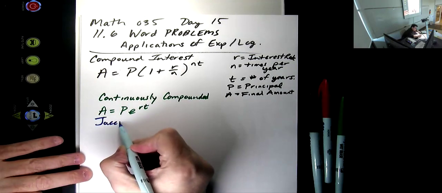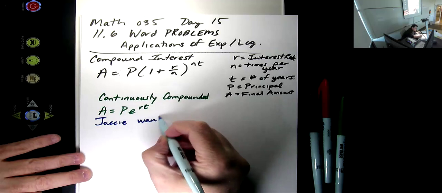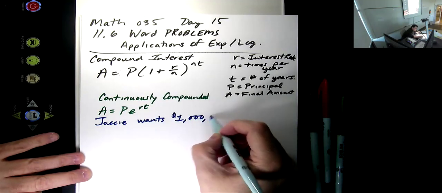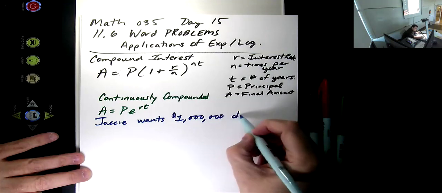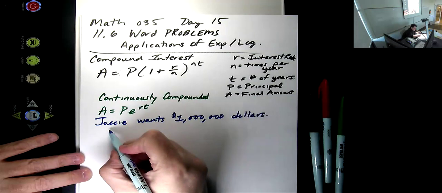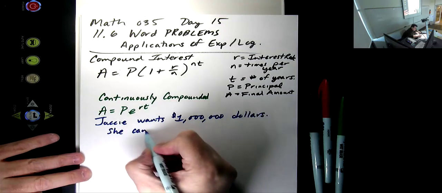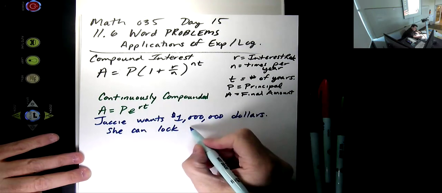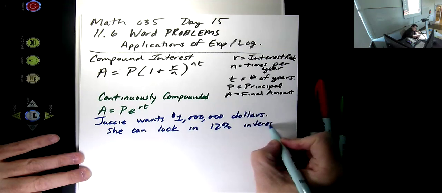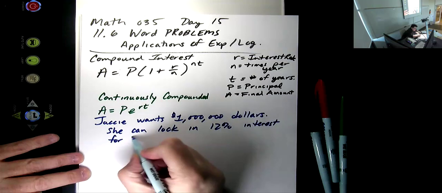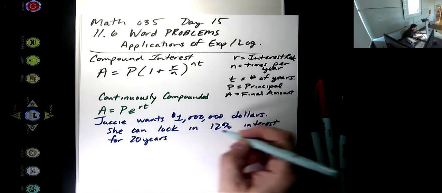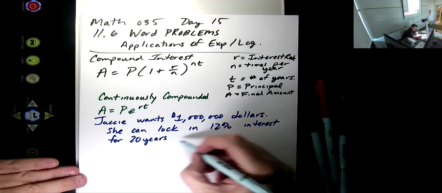Jackie wants $1 million. She can lock in 12% interest for 20 years with continuous compounding.